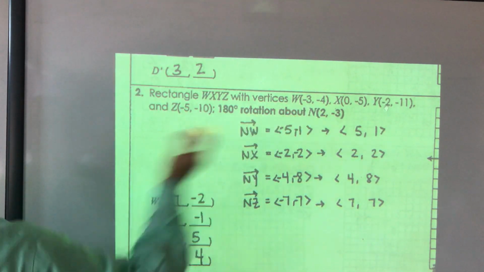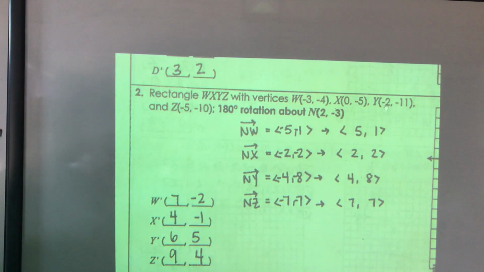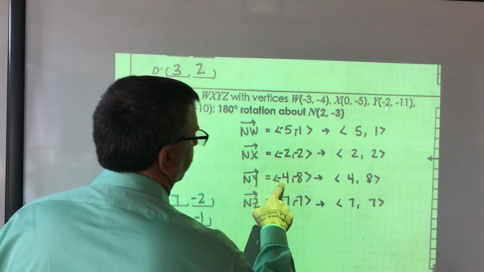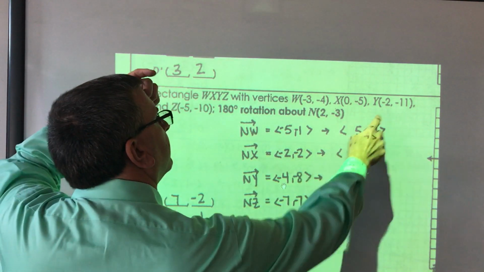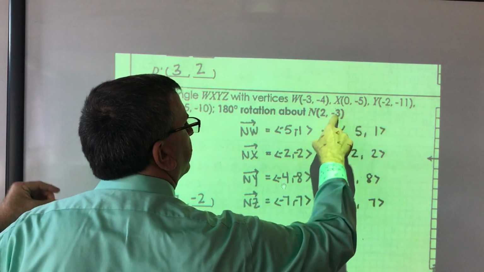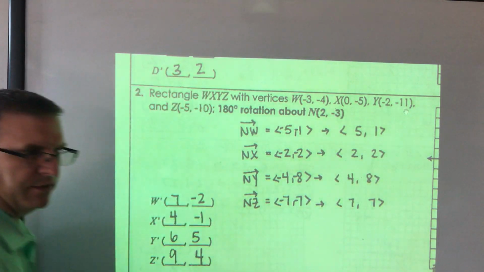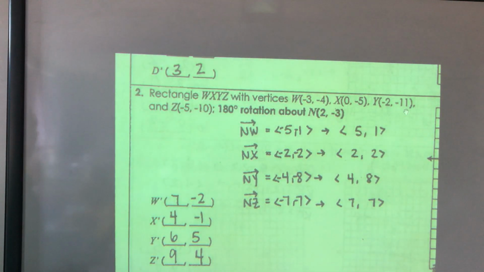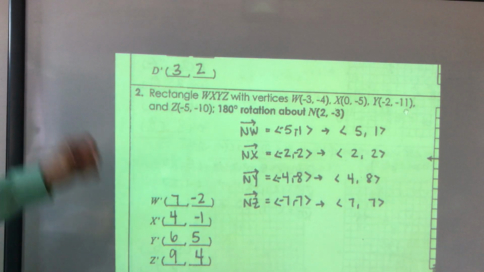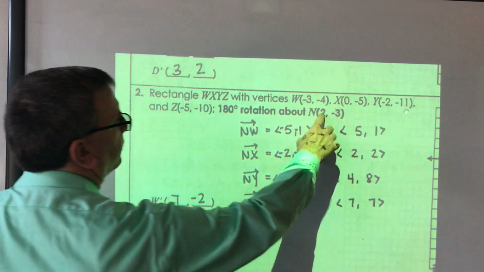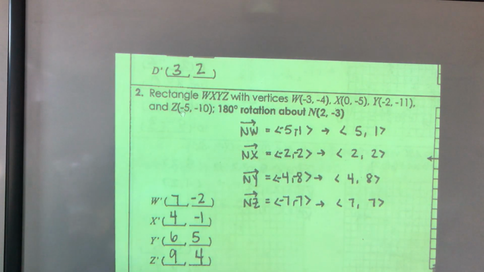Did I go to the right 4 or to the left 4? To the left 4. From -3 to -11, negative 8, went down 8. From 2 to -5, negative 7.